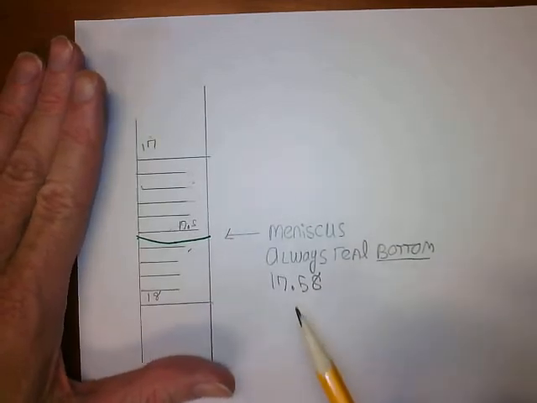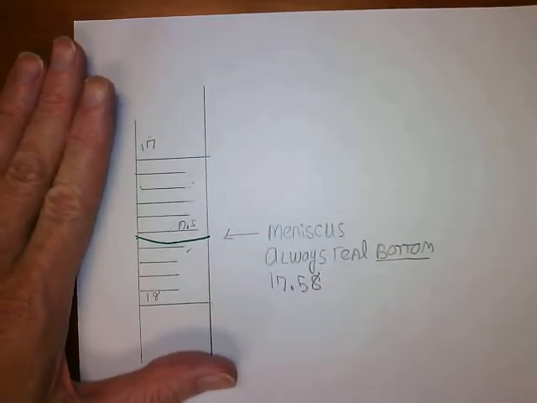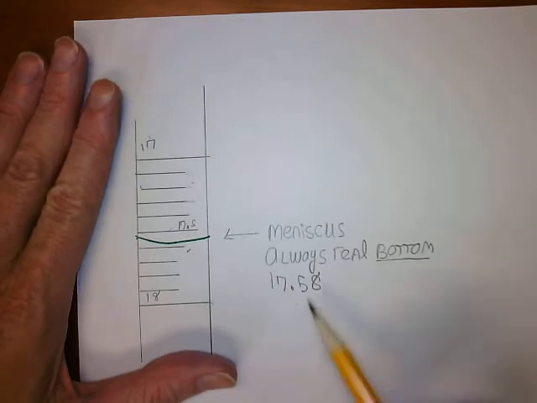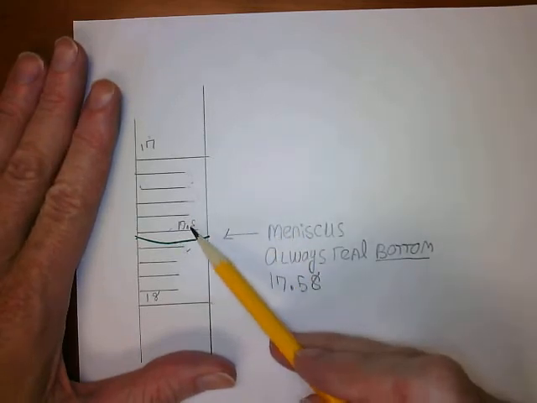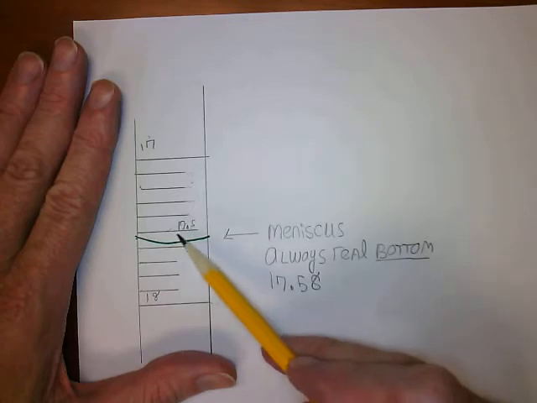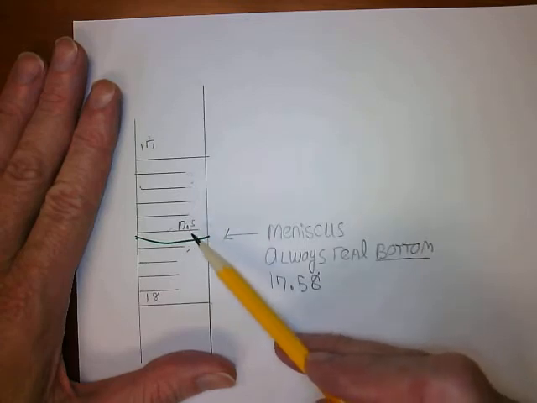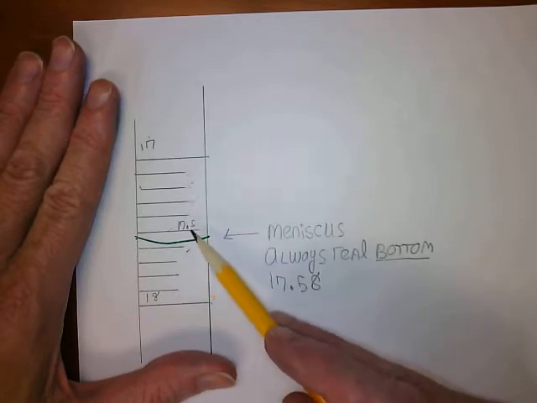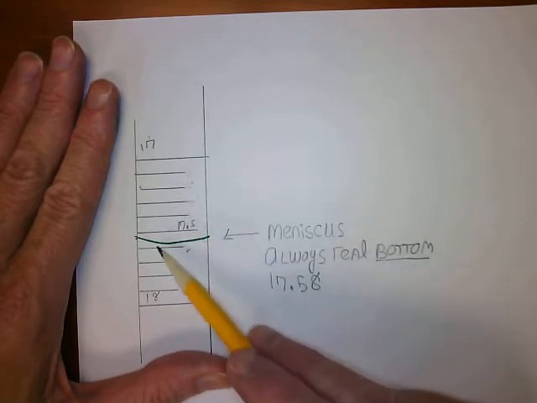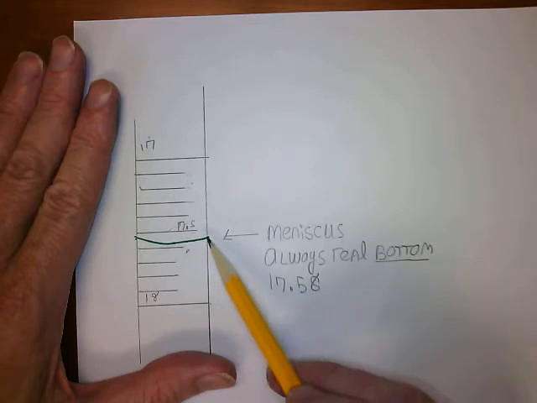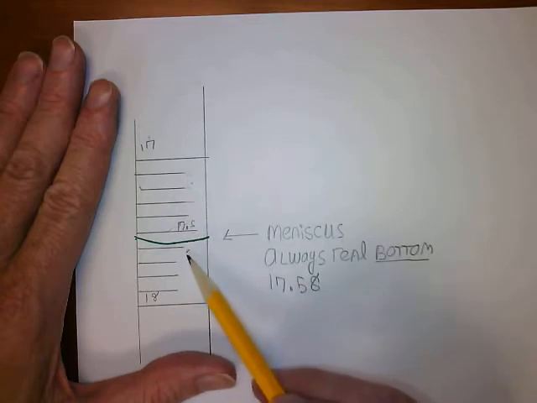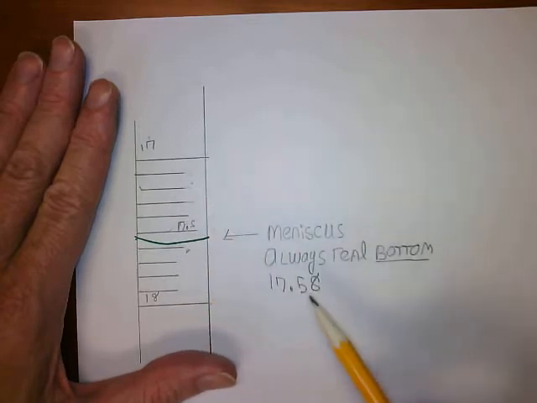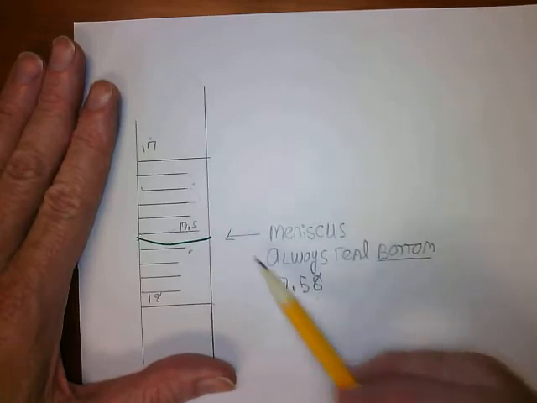Now, like I said, we can estimate one more digit than we can read off the scale. If this is 17.5, then this is 17.6. We know we're between 17.5 and 17.6, so we can estimate how far between here and here we are. We're clearly past the middle part. We're closer to 17.6 than 17.5, so you would read that to 2 places past the decimal.